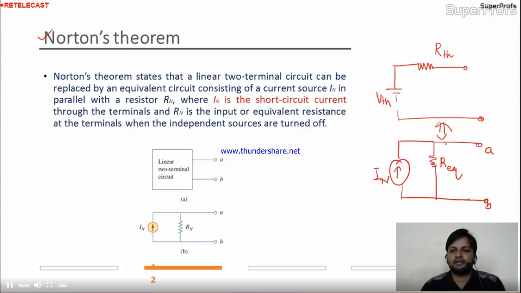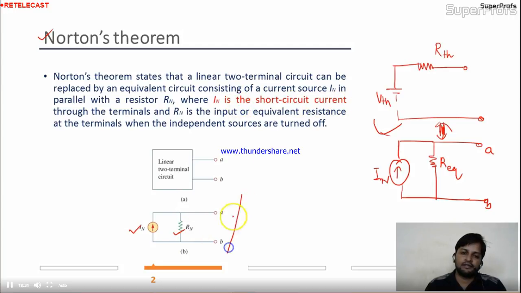So they are connected with each other, I can say, and what I am doing here is source transformation. Is this the source transformation or not? See, in Norton's theorem, the linear two-terminal circuit can be replaced by an equivalent circuit consisting of a current source IN, in parallel with resistor RN, where IN is the short circuit current.